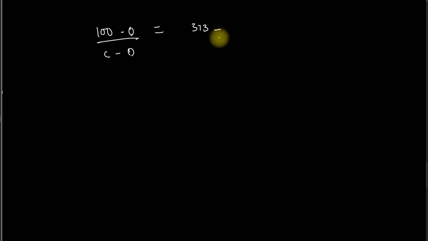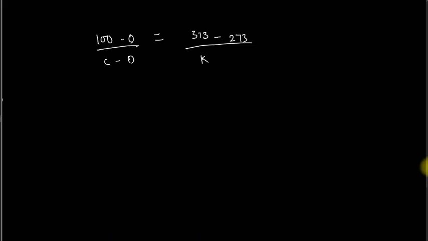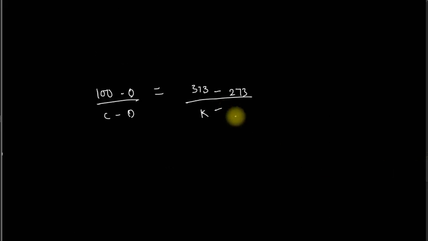Minus the lower limit. What's the lower limit? 273, over what? Middle, the middle term, that is K. If you look at the diagram, it's K minus lower, 273.